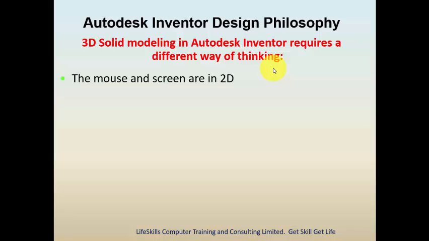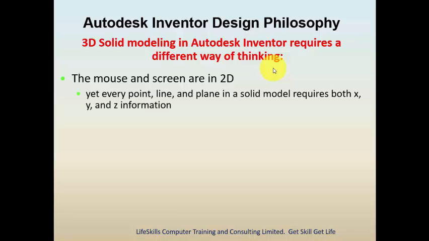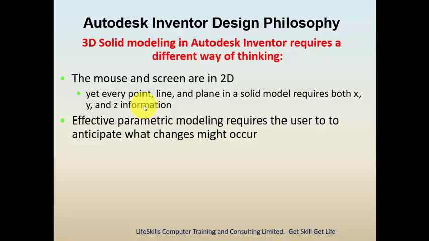You discover that the mouse and the screen are in 2D. It's a flat screen. They are in 2D, but every point, line, and plane in a solid model requires X, Y, Z information. You need to give it coordinates. In Inventor, we use X, Y, and Z coordinates. So that is one thing you have to take note of.